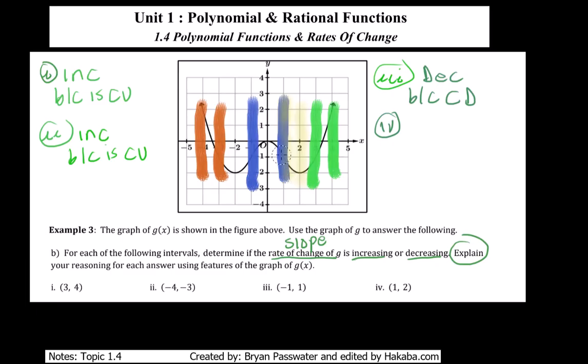From 1 to 2, we can see the graph is concave up, so the slope is increasing. The rate of change of the slope is increasing because it's concave up. So always label or color with different colors so you can see the difference between each interval.